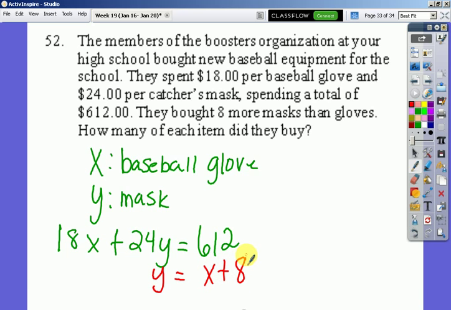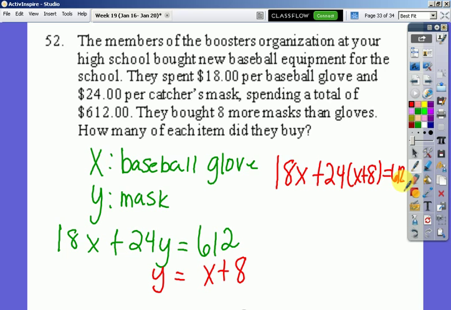Does that make sense? So what method will you have to use to solve this? Substitution, yes. So use substitution to solve it, and you get 18x plus 24 times x plus 8 equals 612.